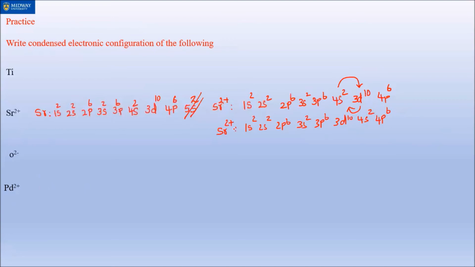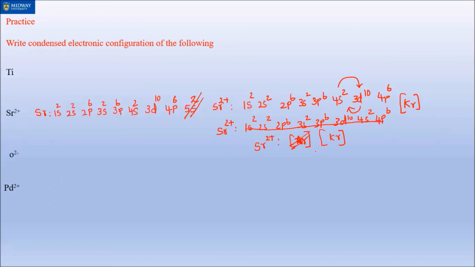Now, Sr2+ is in a row, and the noble gas before that is Kr, right? But Kr is already part of the 4p window, right? So if you strike out everything up to 4p, there's nothing left. So all you have to say is Sr2+'s condensed electronic configuration is just [Kr].